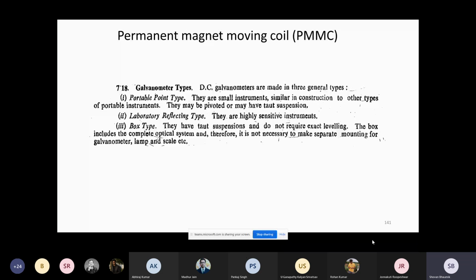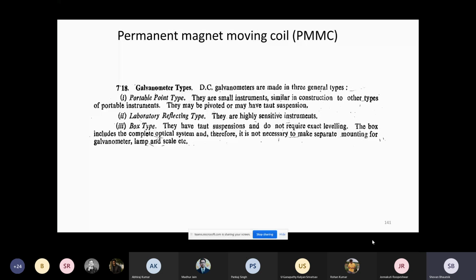Another type is the box type. The box type instrument uses the taut suspension, and it doesn't need leveling. The box includes the complete optical system, and therefore it is not necessary to make separate mounting for the galvanometer, lamp and scale. Inside the box it comes with the optical system, reflection, everything, and it is a taut suspension.